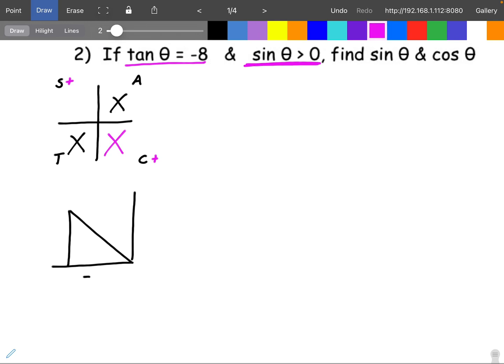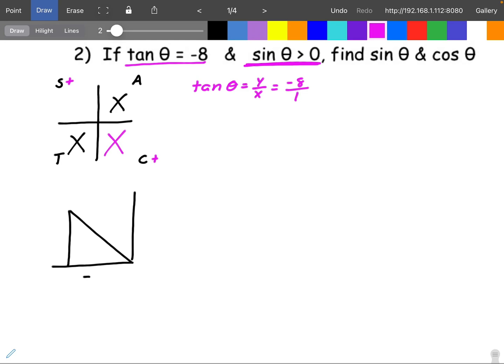Now, we were told that tangent theta equals -8. But remember, tangent is y over x. So if y over x is -8, well, I can put that over 1, which means my y has to be 8 and my x has to be 1.